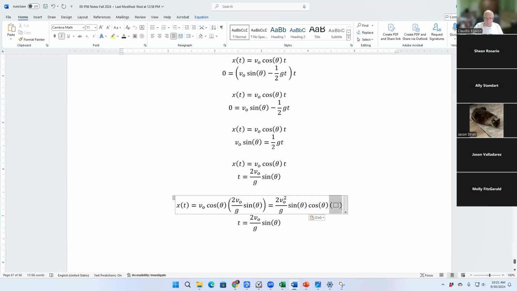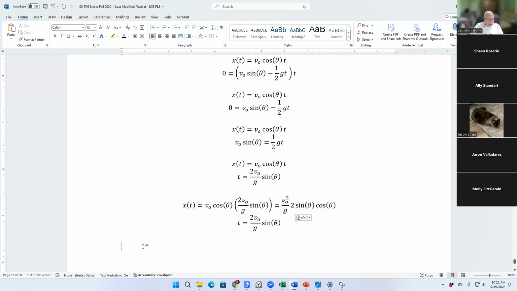Okay. And then there is one more thing that we can do. I'm going to put this 2 right here in front of the sine of theta, cosine of theta. If you go back to your trigonometric relations, you find that this term that you see right in here can be written down in a different format.